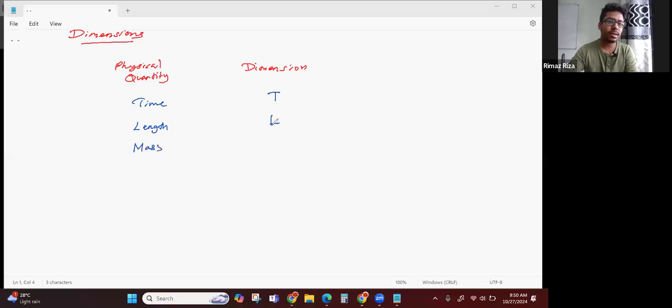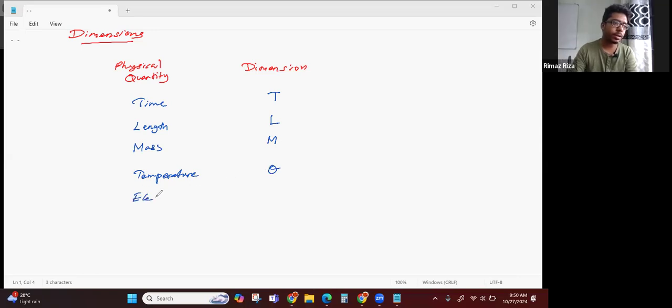Now you guess correctly, yes, the dimension of mass is capital M. And we have temperature, temperature theta.